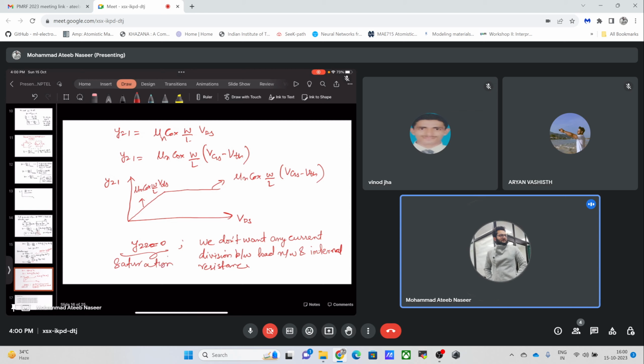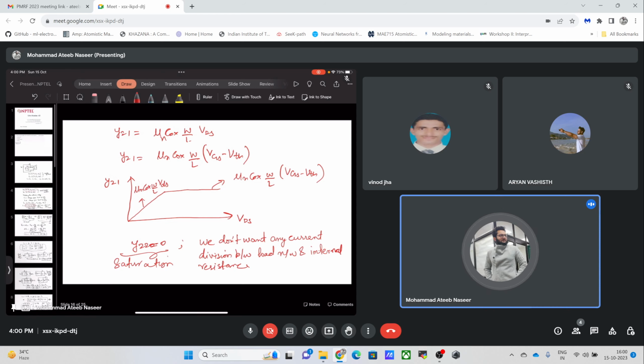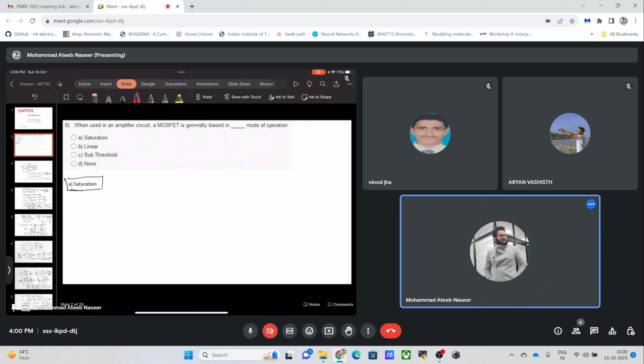So what have we seen for this particular problem that we started with? When used as an amplifier circuit, in which region should a MOSFET be biased? It is now clear that the MOSFET should be biased in the saturation region, because it tends towards the ideal behavior of an amplifier there.